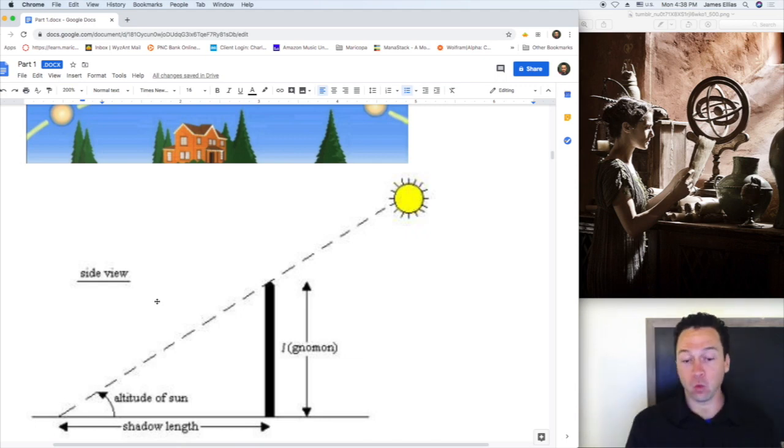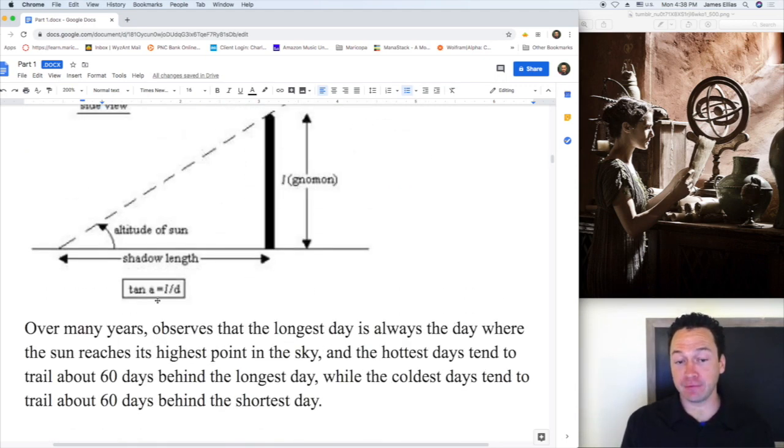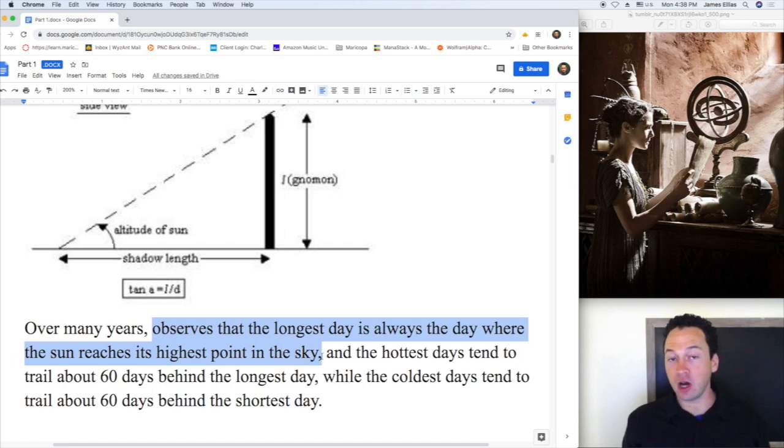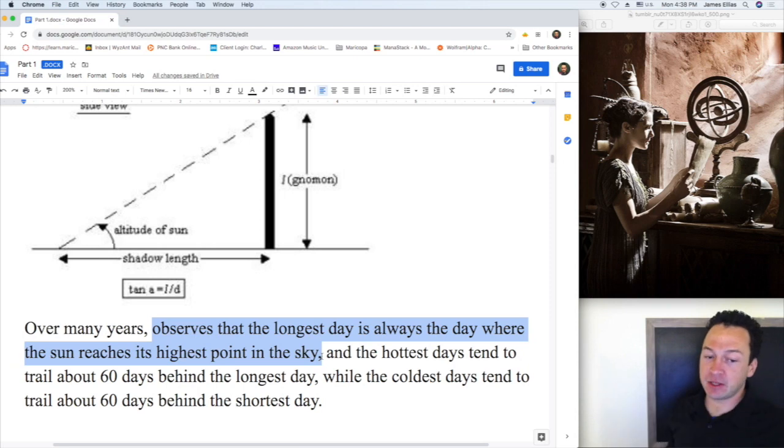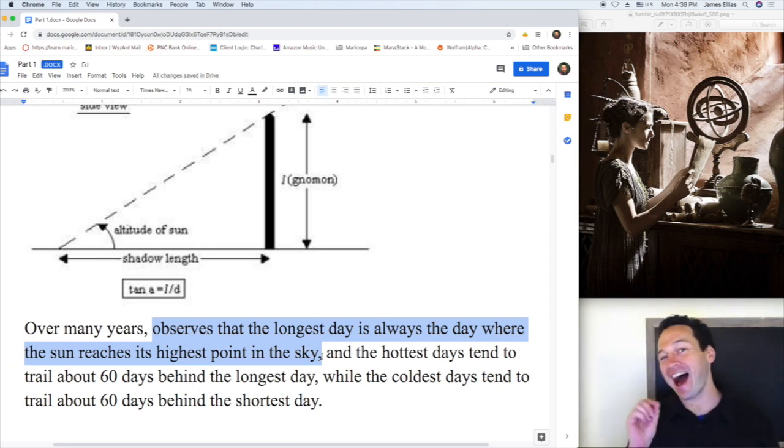Now, let's say he does this for many years. He's going to observe that the longest day, the day where the sun is out the longest, is always the day where the sun reaches its highest point in the sky for the year.